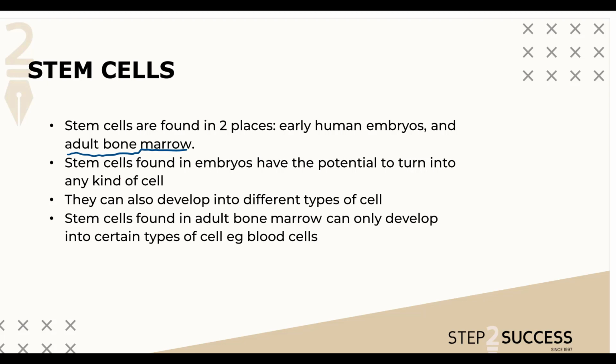So stem cells that are found in embryos can turn into any type of cell, and that makes them particularly useful in medicine, as we will see a little later. The stem cells that are found in adult bone marrow can only develop into certain types of cells, e.g. blood cells, so they're not quite as flexible as stem cells found in embryos.